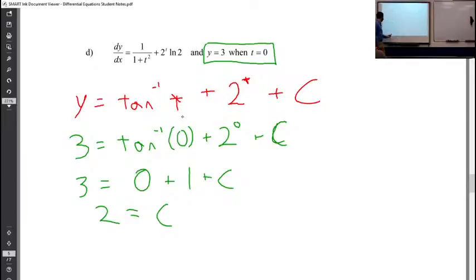So our final answer here, we're going to write our function, except instead of plus c, we know what c is now. It's 2.